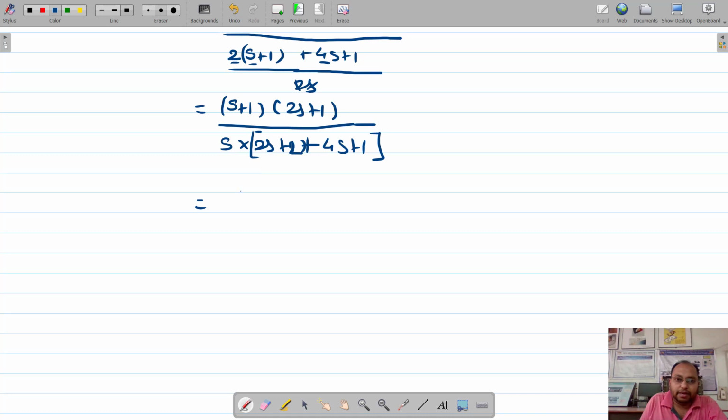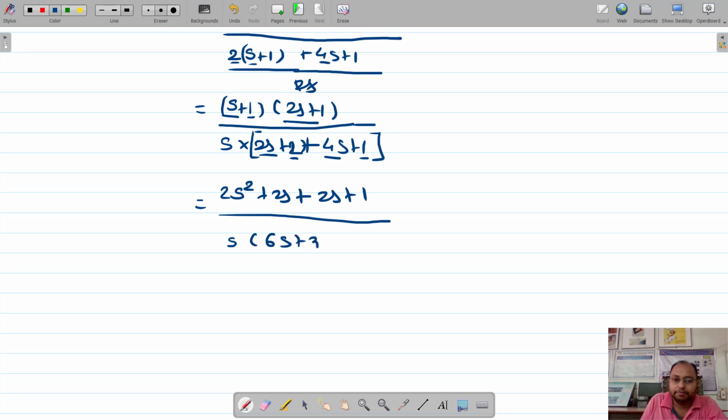So this is nothing but s, let us multiply by s to this bracket, and then we'll multiply by 1 to this bracket. So let us do the bracket expansion. So 2s square plus 2s plus 2s plus 1, divided by, now we are going to add it, so 2 plus 4 is going to become 6s, and 2 plus 1 is going to become 3, so s into bracket 6s plus 3.